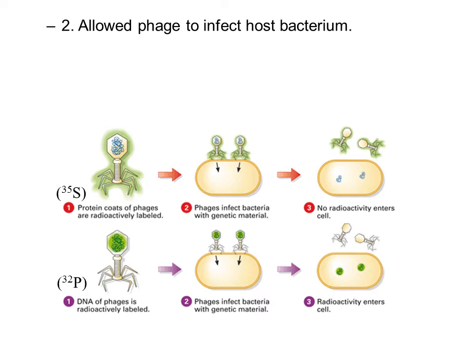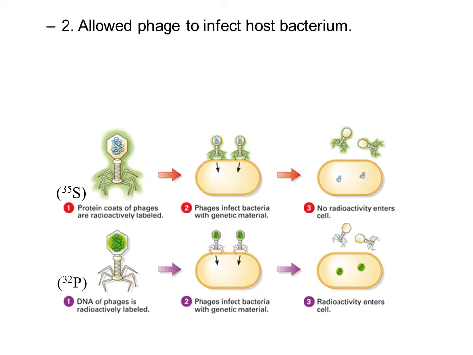The next thing Hershey and Chase did was they allowed the phage to infect the bacteria. The phage whose protein coat was labeled was allowed to infect the bacteria. Then in the second parallel experiment, they allowed the phage that had the radioactive DNA to infect the bacteria.